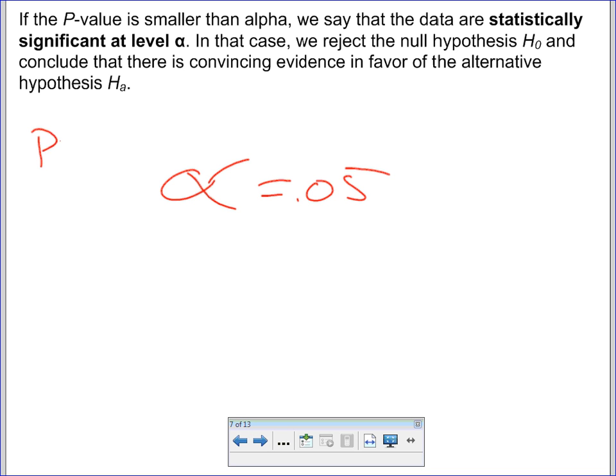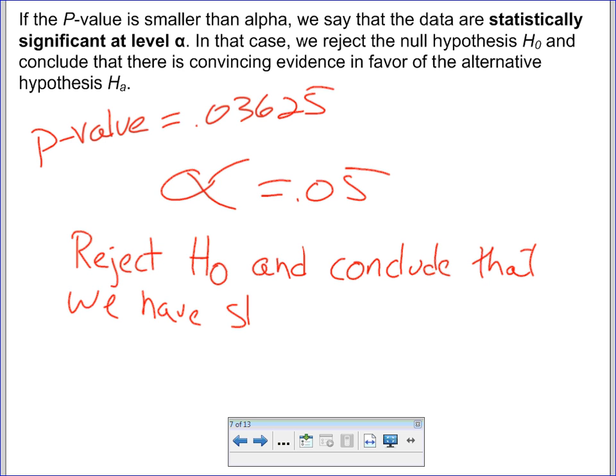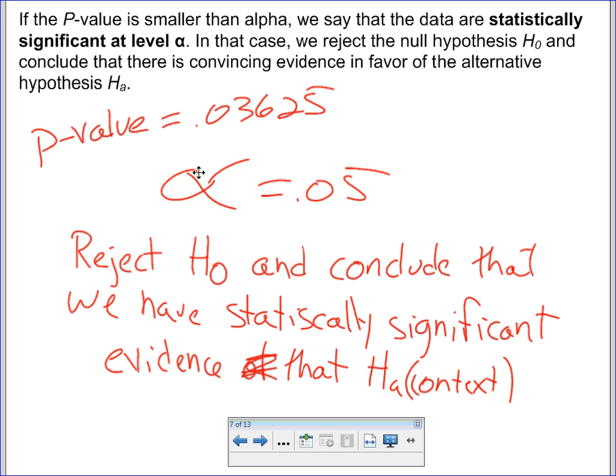So if we do the significance testing and we get a p-value of 0.03625, then we would reject the null hypothesis and conclude that we have, and this is a key phrase coming up, statistically significant evidence that, and then we would put in the context of the alternative hypothesis. And that's the language you're going to use.